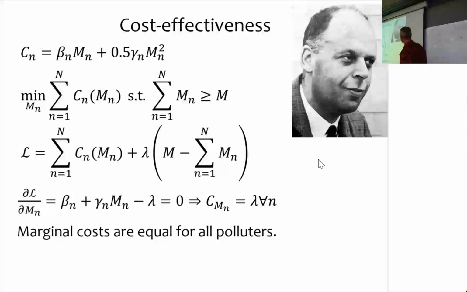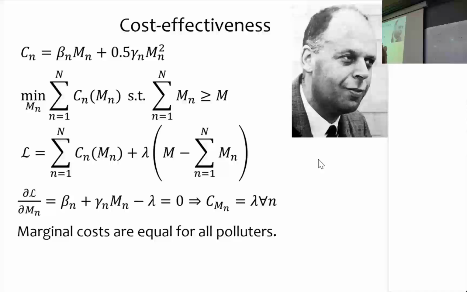Now, we have a constrained optimization here. So we form the Lagrangian. That's simply the objective function plus the constraint rewritten as the target minus what we are actually trying to do, times its shadow price, lambda. And then we write down the first order conditions for this. That is, we take the first partial derivative of the Lagrangian with respect to the thing that we are deciding about, that is how much abatement to impose on company n, sorry.